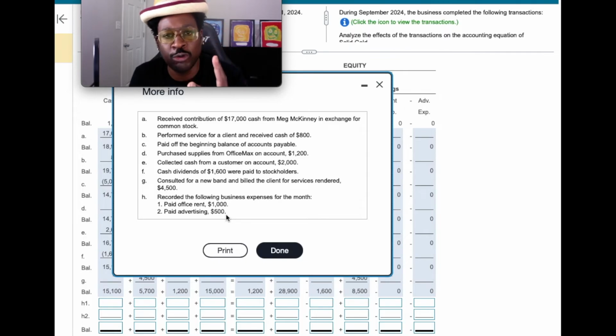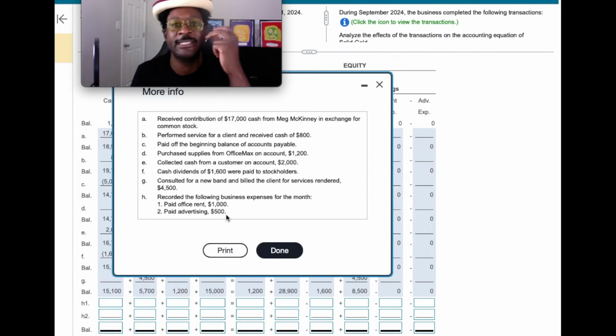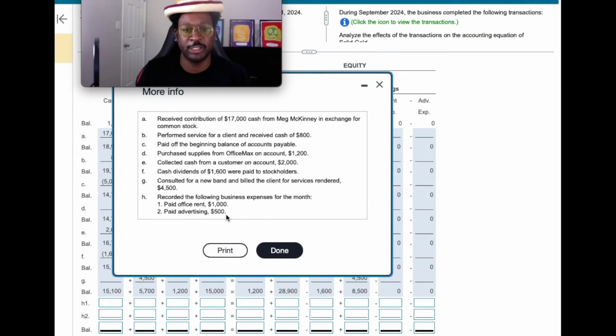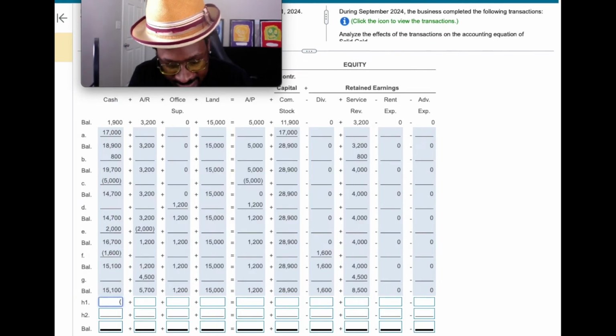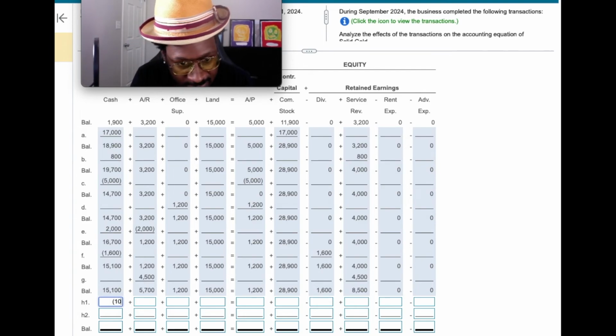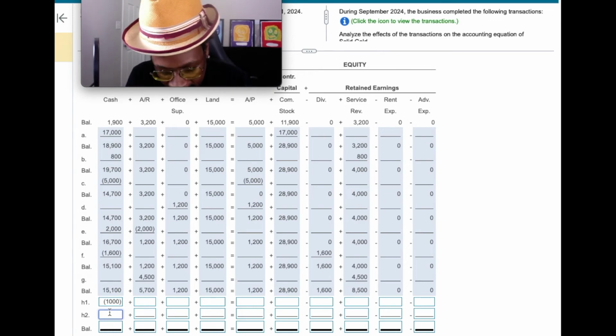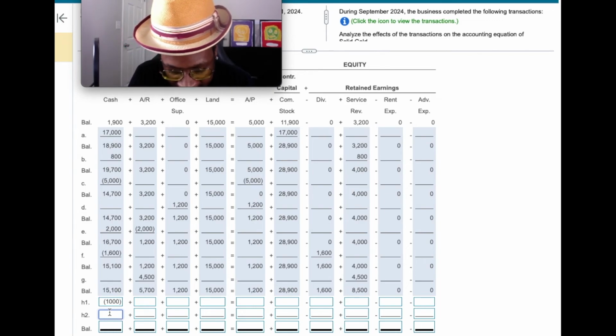So we have two separate expense accounts, rent and advertisement, that are causing our stockholders' equity to go down. We paid for both of them, gang, which means cash is going to decrease based on paying each expense. So we have rent for $1,000, which was paid, so we have to make it negative. And we also have advertising, which was paid for $500.